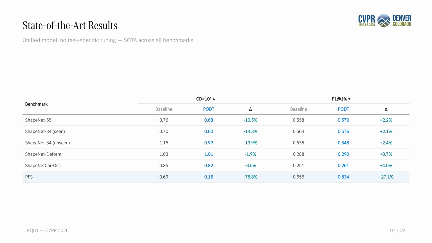On our new deformation and occlusion benchmarks, PQDT consistently outperforms all baselines in both CD and F1. Most notably, on the PFS industrial dataset, we achieve a 77% reduction in CD and 27% improvement in F1, showing that our dual-stage approach is particularly effective for challenging real-world geometry restoration.